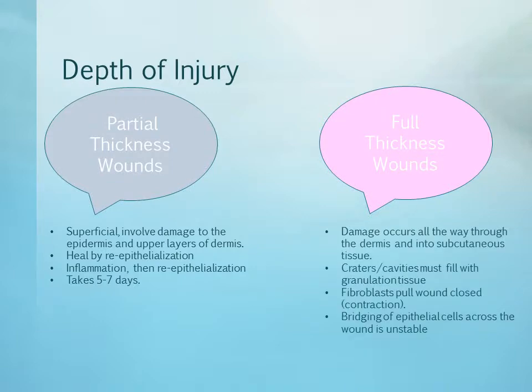In full thickness wounds, the damage is so deep, epithelial cells at the base are also damaged, so the wound can't heal by re-epithelialization. Wounds have a big crater and/or cavity that has to be filled with granulation tissue. Rate of wound contraction is dependent on the mobility of the surrounding skin.